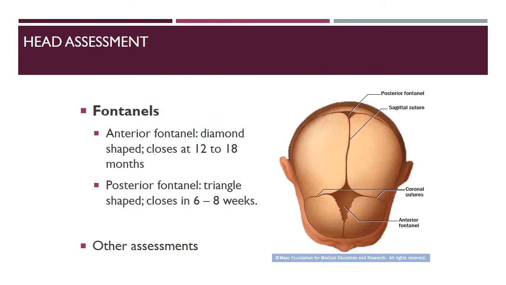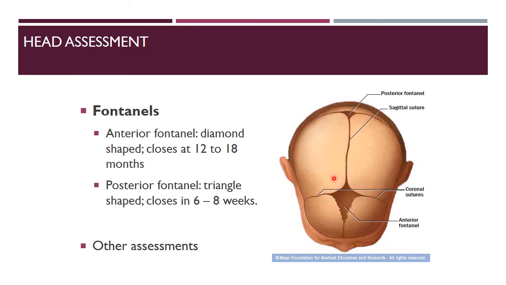Okay, as far as head assessment, we touched on this yesterday. As far as the fontanelles, let me get my little pointer again. You have your anterior fontanelle here in the front, and your posterior fontanelle here in the back.